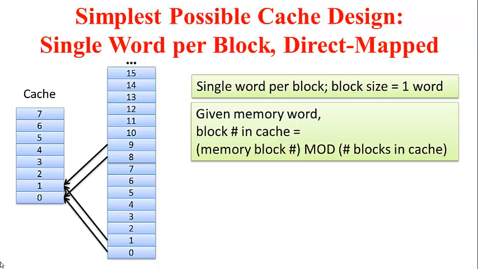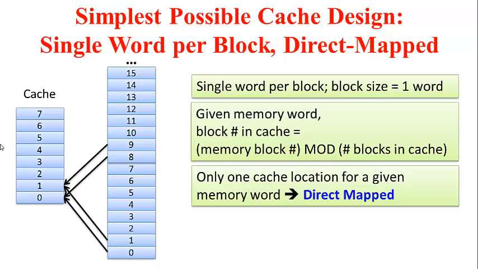So for example, memory word number 0 and memory word number 8 will potentially reside, of course not both at the same time, in the cache block number 0. Likewise, memory word number 1 and memory word number 9, both of them map onto cache block number 1.